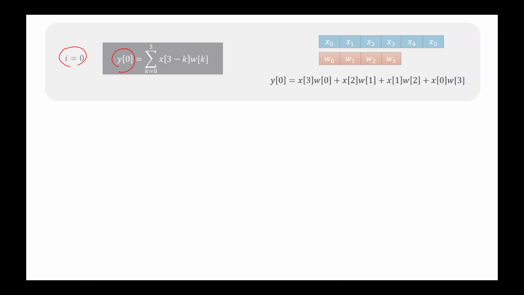And this summation comes from, first, I need to match w at this position with x, and I do the cross multiplication where w0 goes to x3, w1 goes to x2. That's this term over here. w2 multiplies with x1. That's this one right here. And w3 multiplies with x0. You can see that it does have a little bit of the crossing, right? And then you do summation with one another.